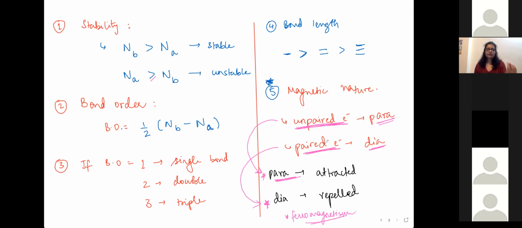If you're looking at specific elements like metals, like iron, you should look at the electronic configuration of the atom. If you're looking at molecules, for example whether nitrogen or oxygen is paramagnetic or diamagnetic, you'll need to look at the molecular orbital electronic configuration.